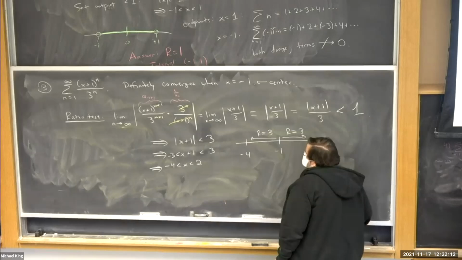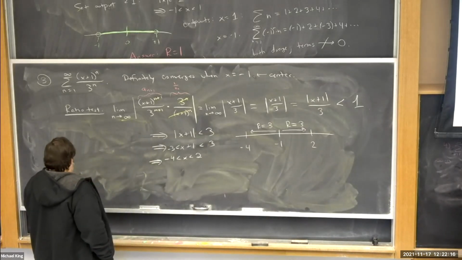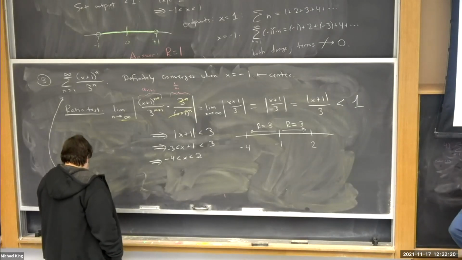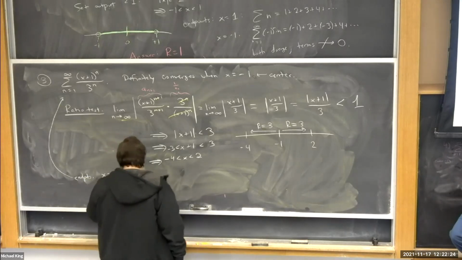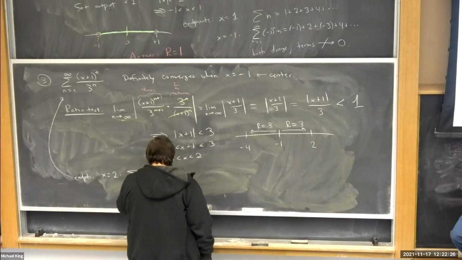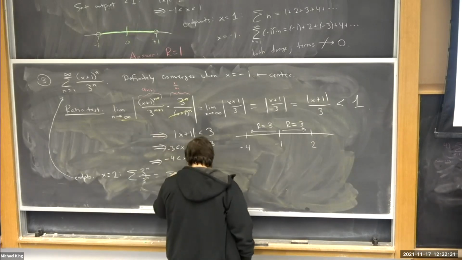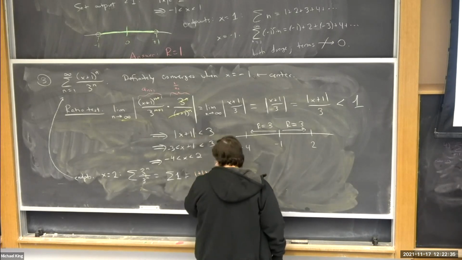And then the endpoints we have to check explicitly. So if we try 2 up there, we get 3 to the n over 3 to the n. It's the sum of 1, which is 1 plus 1 plus 1 plus 1, and so on.